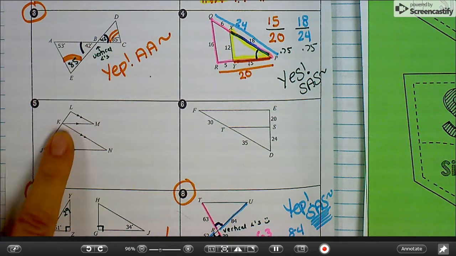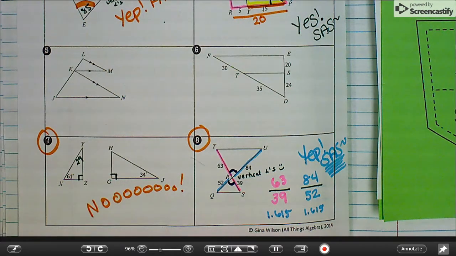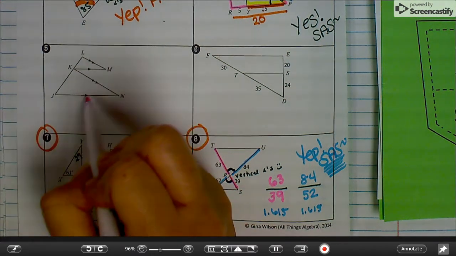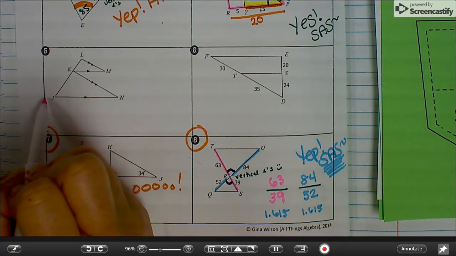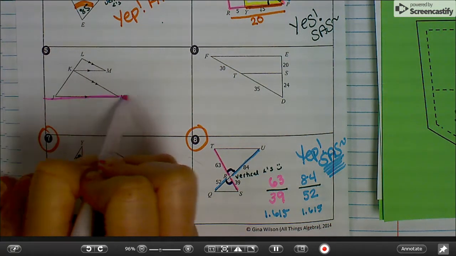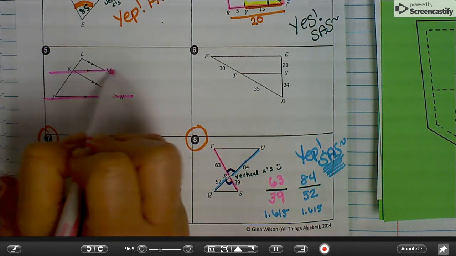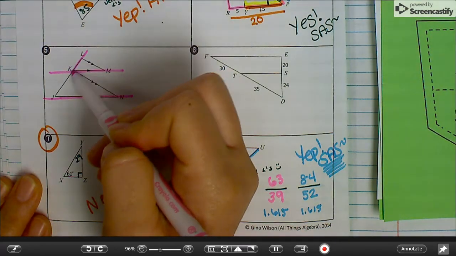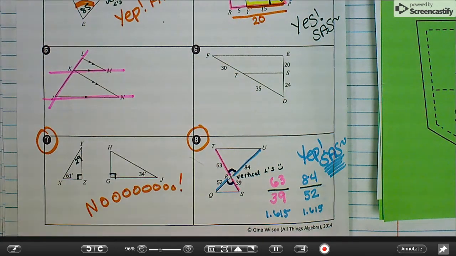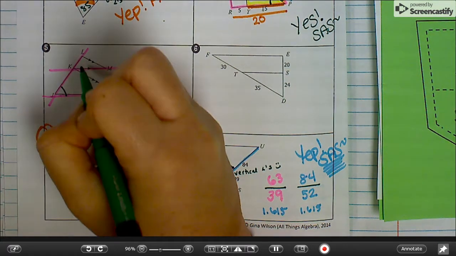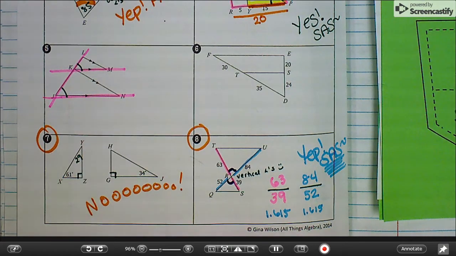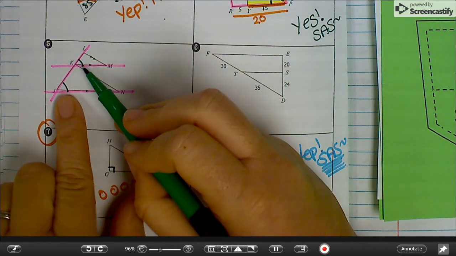And number 6. In number 6, we have these arrows. And hopefully you remember that those arrows are talking about parallel lines. Parallel lines don't tell us that sides are congruent, but they can help us with angles. Right here, you can see that this angle here and this angle here, those are corresponding angles.